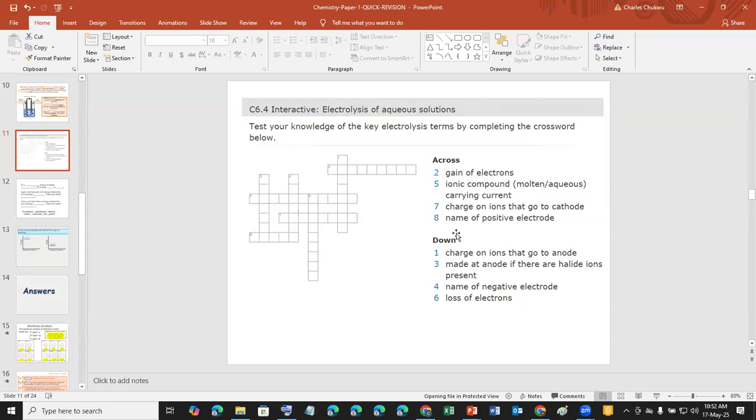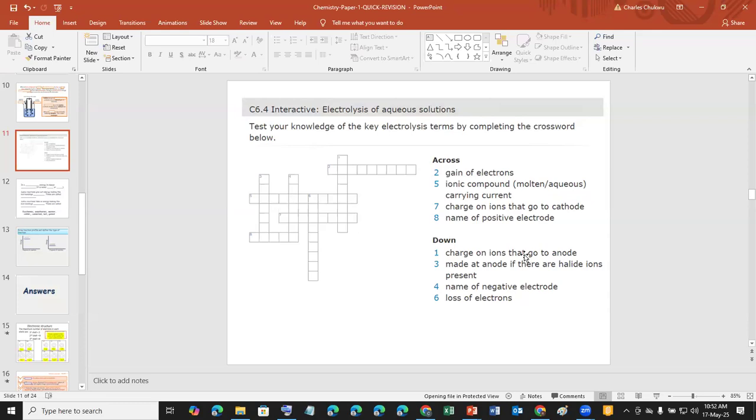Okay. The name of the positive electrode is the anode. Of course, while cathode is the name of the negatively charged electrode. The charge on ions that go to the anode, because the anode is positive, the charge on the ions will be what? Negative.